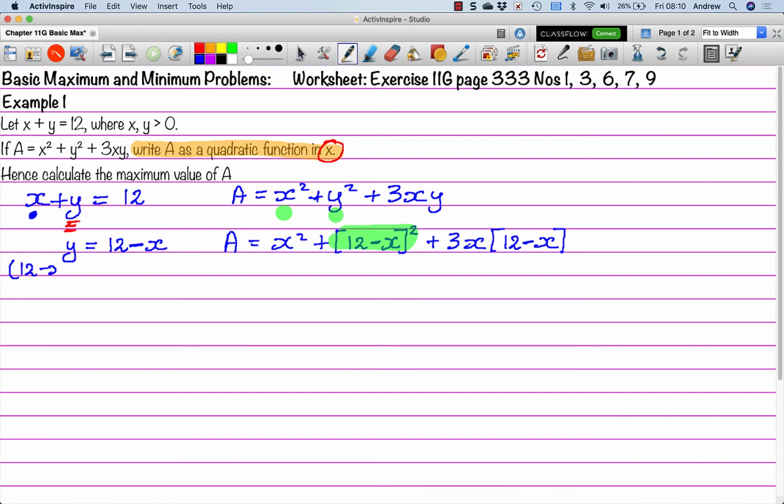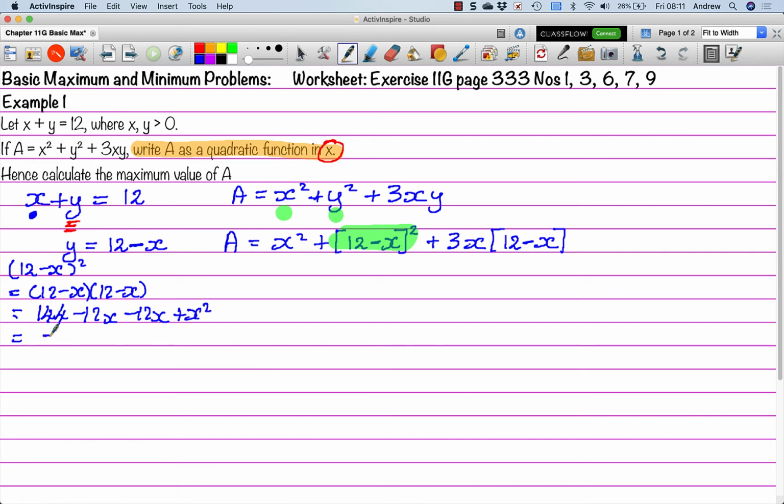12 minus x all squared is equal to 12 minus x on 12 minus x. Expand it out, and we have 12 on 12 is 144. Minus 12x, minus 12x, and a minus and a minus is a plus, x on x is x squared.